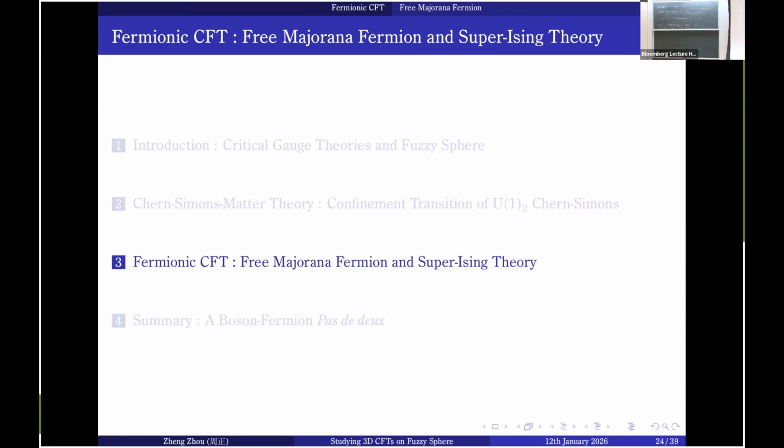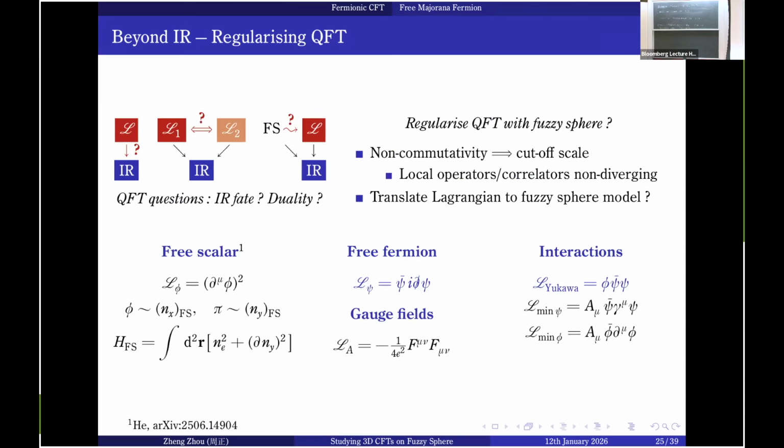There are some questions that we do not yet answer. These are questions at the QFT level, beyond the deep IR. For example, given a Lagrangian, what is its fate in the infrared? Given two Lagrangians, are they dual to each other? So far, the fuzzy sphere can only realize theories in the infrared, and it will be very rewarding to realize the renormalizable Lagrangians.